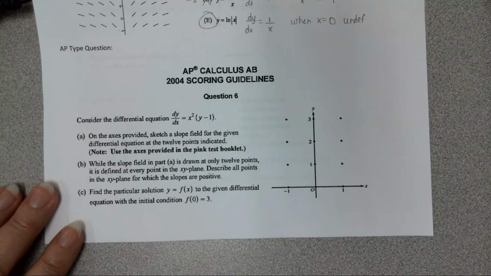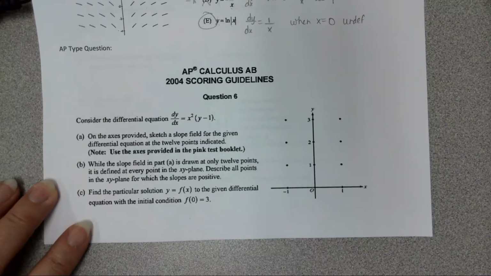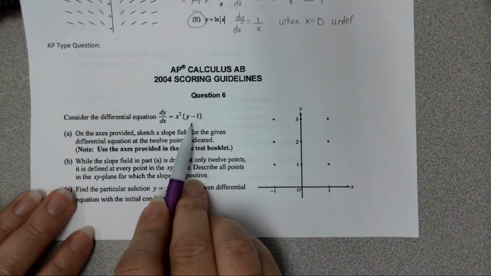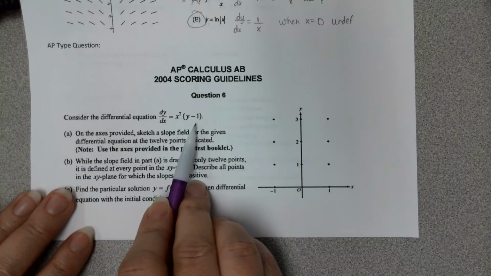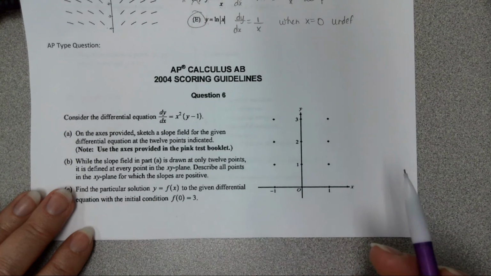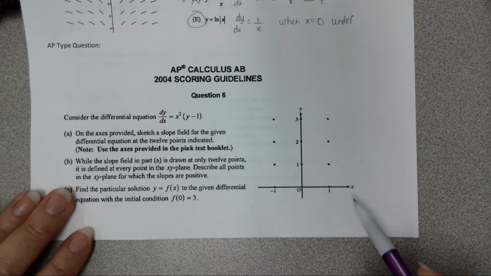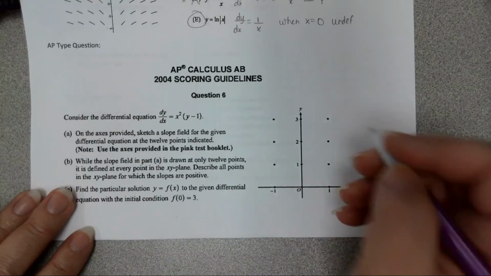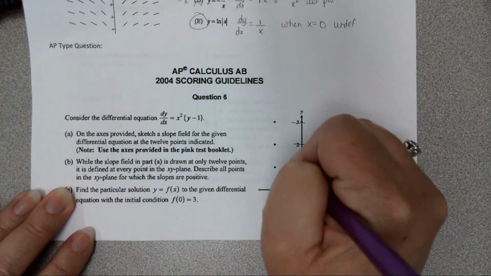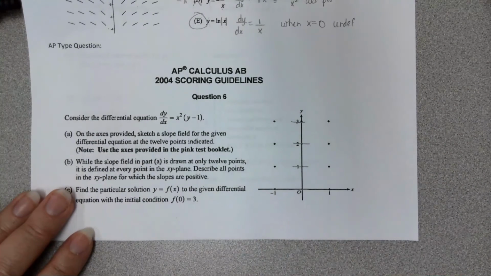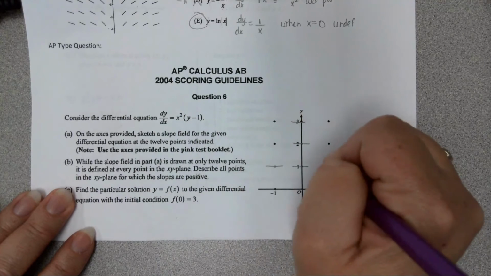So, all right. Again, I'm just picking my points here. So I got x squared and y minus 1. So I just started picking my points. Now I'm not going to write all the things down. I'm just going to give you the answers. So you have a 0 slope right here. You have a 0 slope right here.